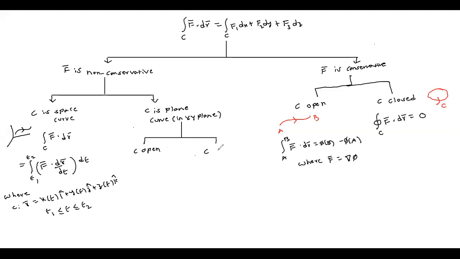When you say it is a plane curve in the xy plane, z equals 0. Do you agree? When z equals 0, dz will be 0, so the third component will not be there. Therefore, this is finally the integral over C of f1 dx plus f2 dy. There is no dz component because z equals 0 on the xy plane. Is it okay?